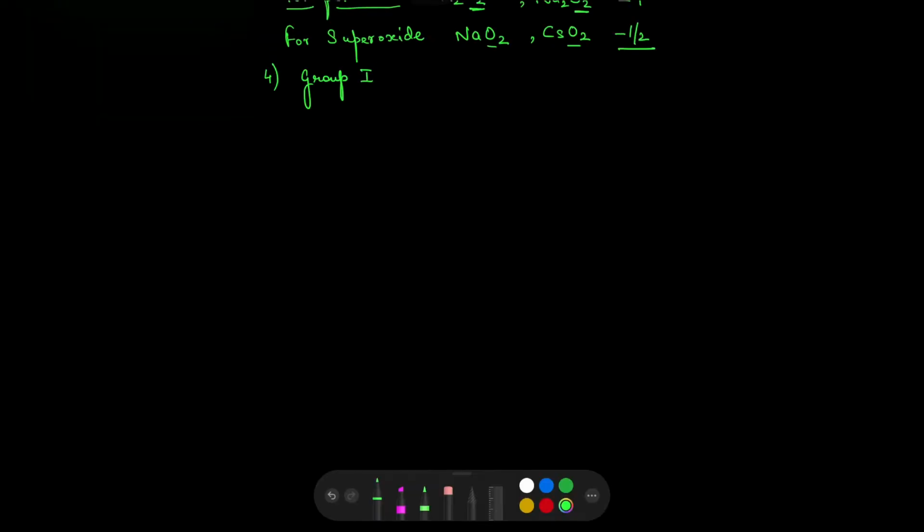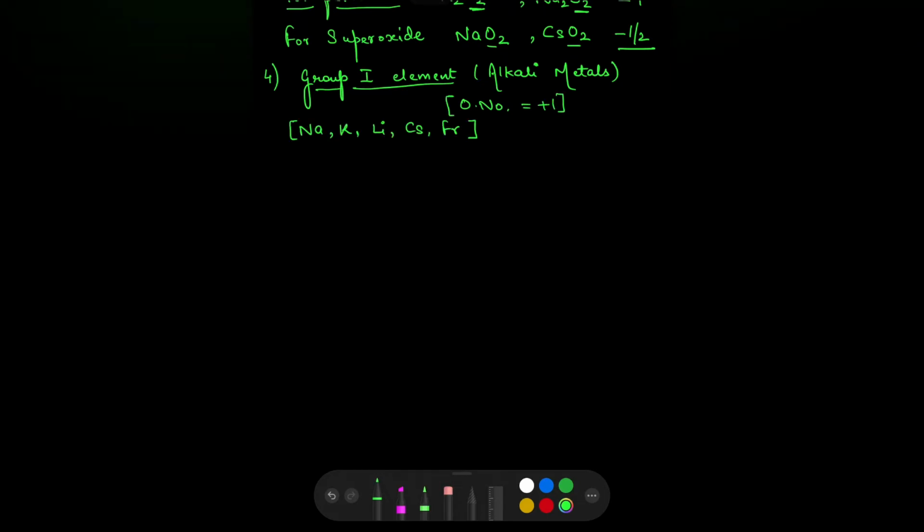Group first elements, that is alkali metals, the oxidation number will be considered as +1. All these elements will have the oxidation number that is +1.